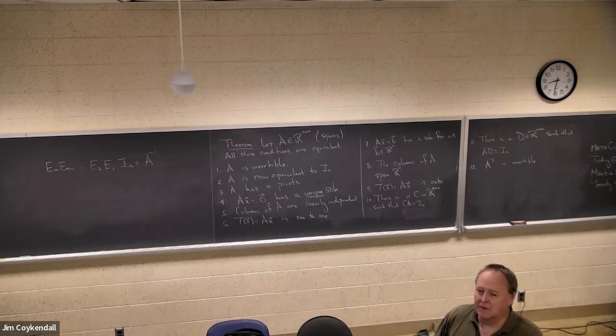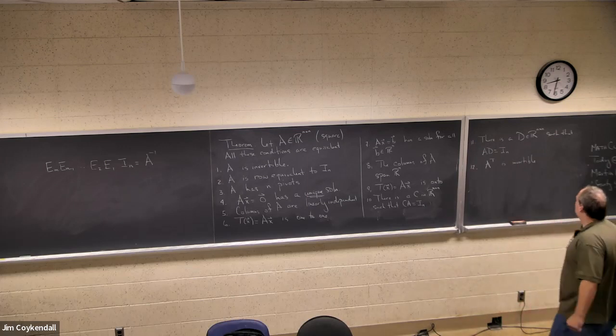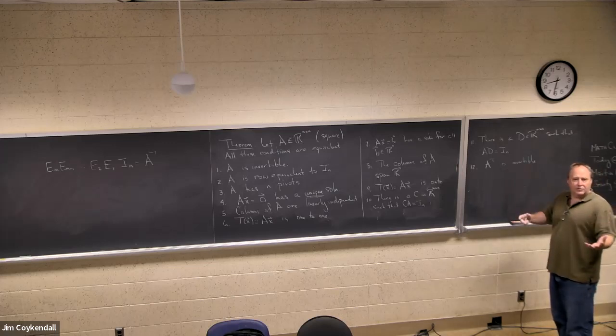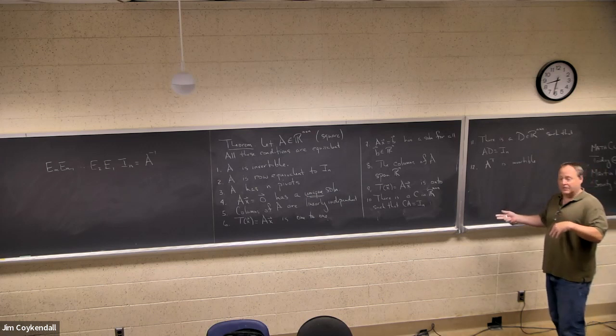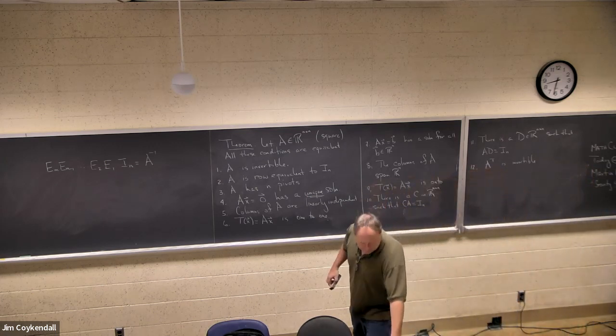I think I've got an example that might speak to that. And I'm going to address this a little bit later, because A transpose being invertible is the same thing. So if a matrix is invertible, its transpose is invertible. So here's the example.